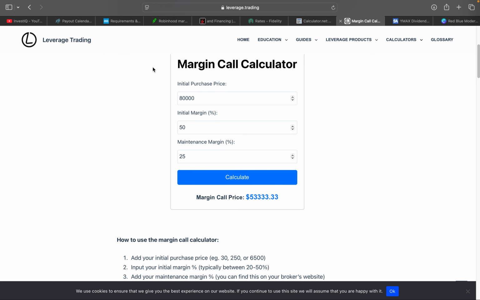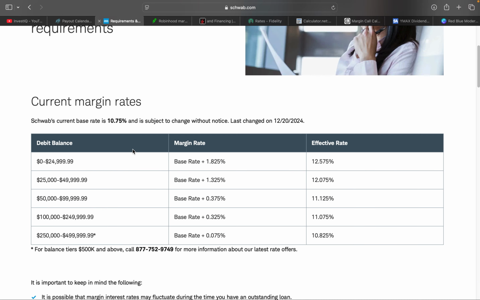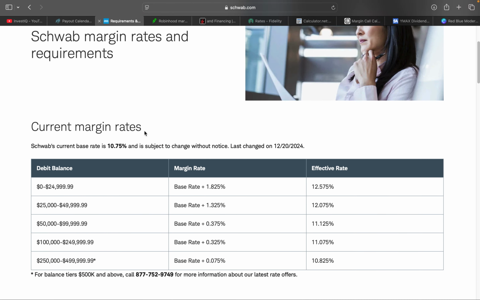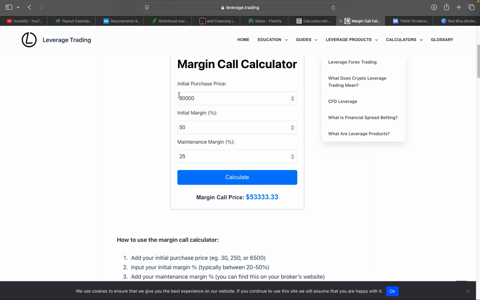Now I know for a fact that Charles Schwab's margin maintenance rates are much higher. I believe for YieldMax, for the same ticker with Charles Schwab, is 50% maintenance. So same amount, initial purchase price $80,000, initial margin 50%, and their maintenance margin is 50%, much higher.